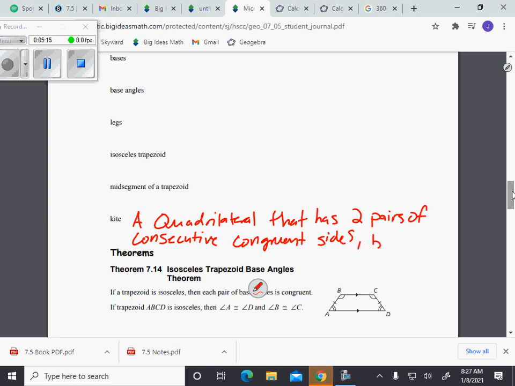But the opposite sides are not congruent. Okay. So a quadrilateral that has two pairs of consecutive congruent sides, but the opposite sides are not congruent. And you guys should know what a kite looks like.